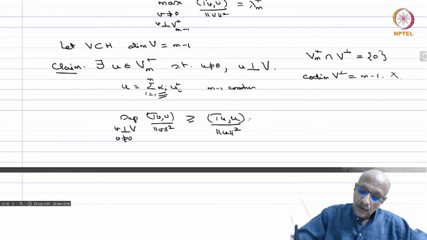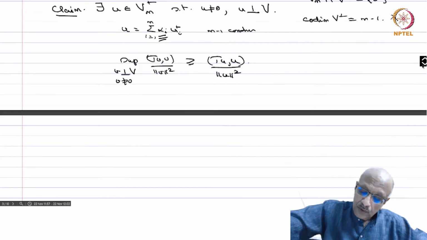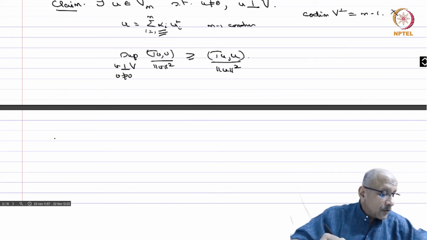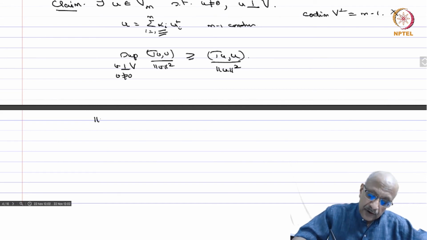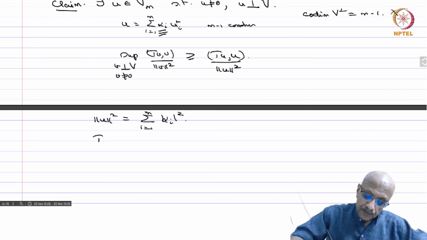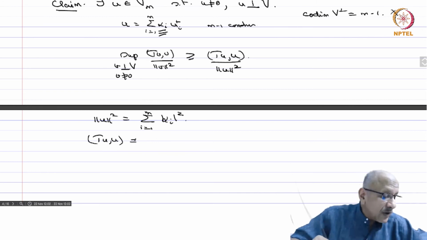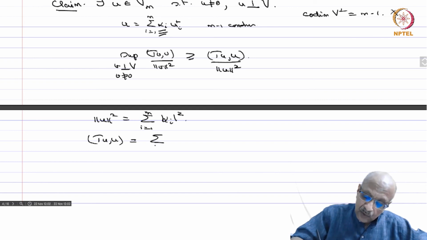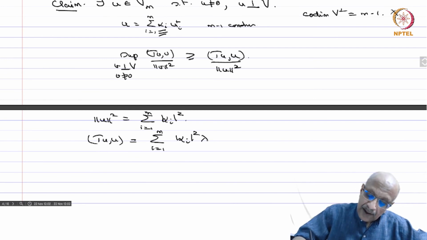Okay, so let us compute this (Tu,u) by norm u square. u is the sum of alpha i ui, and therefore norm u square is sigma i equals 1 to m mod alpha i square. And (Tu,u) is, similar to the calculation which we have already done, sigma i equals 1 to m mod alpha i square lambda i plus.